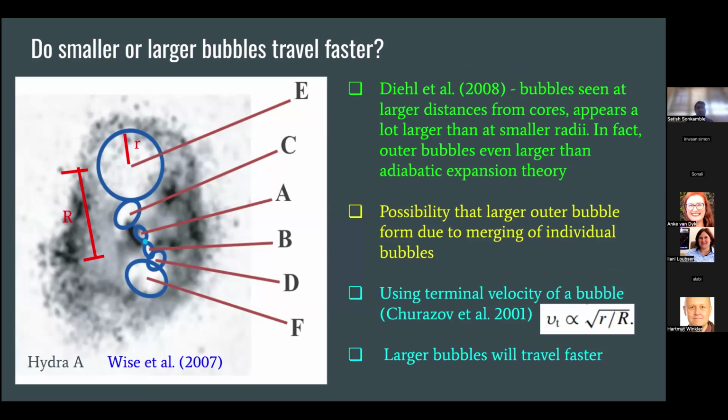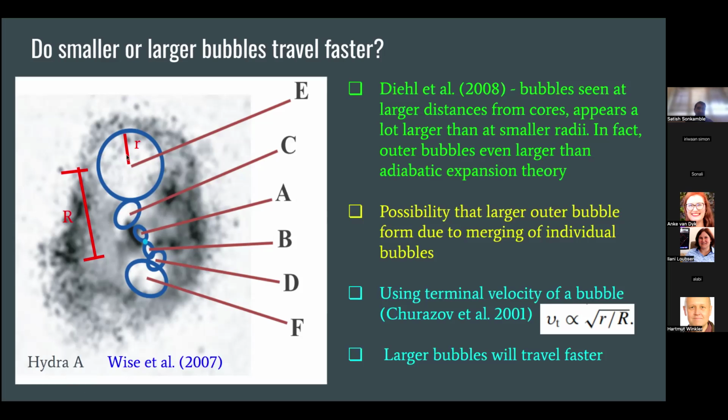So one question is, in a multiple cavity system, do smaller or larger bubbles travel faster? Like in the case of Hydra, we see 3 pairs of cavities: inner pair AB, outer pair CD, and a further outer pair EF. You can see the outer pair E is larger in size compared to the previous cavity.